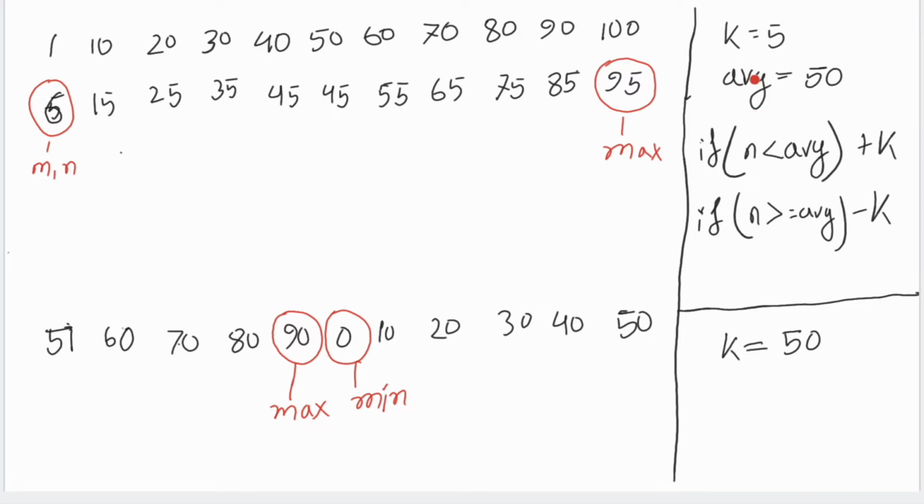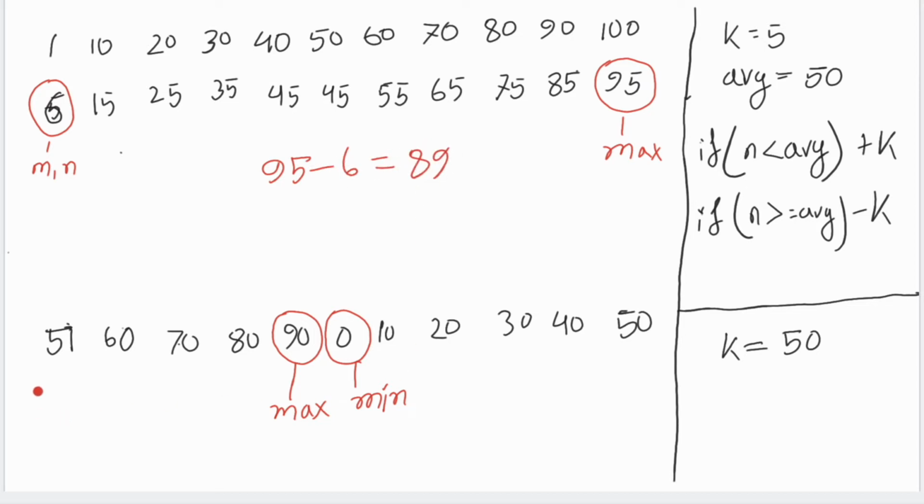So I have found the average, that is 50 in our case, and let's consider the following if conditions: if the number is less than the average then we add k to our number, and if the number is greater than or equal to the average then we subtract k from our number. After doing those two operations we get the second array, and in this array the minimum number is 6 and the maximum number is 95, so the result will become 95 minus 6, that is 89.